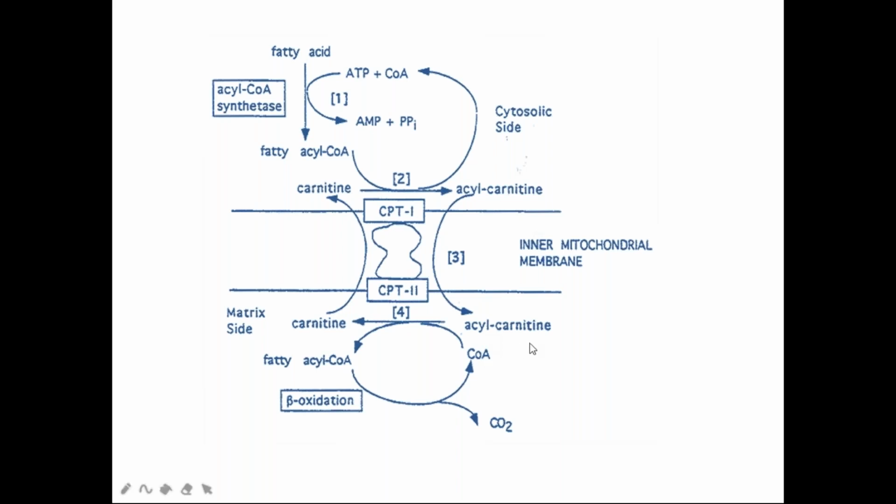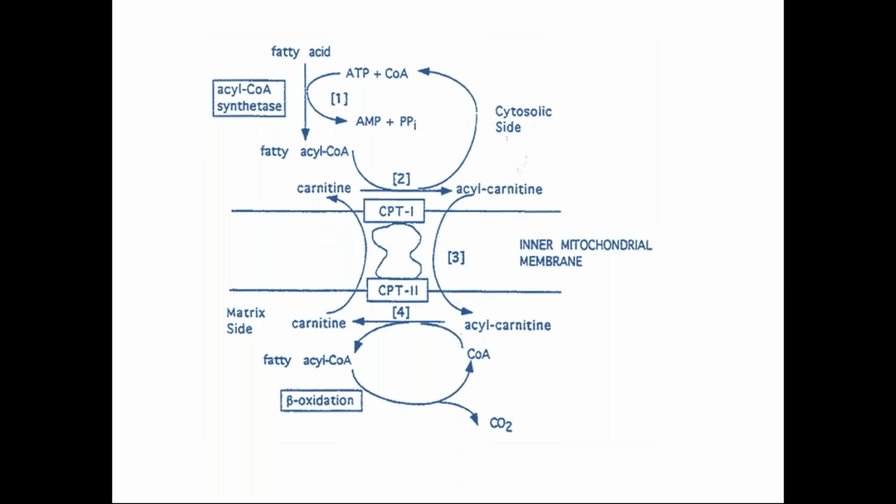And this acyl carnitine is converted back into carnitine, and fatty acyl CoA is formed. This fatty acyl CoA will undergo beta oxidation, and carnitine will go back to the cytosol for further use.